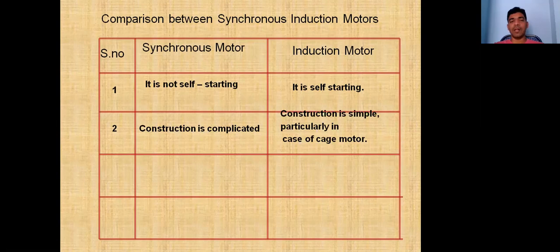It has two supplies. For the rotor also we need to provide a DC supply. For that we need a commutator, slip rings and brush sets. But the construction of a cage motor is very simple because it is a simple iron cage.